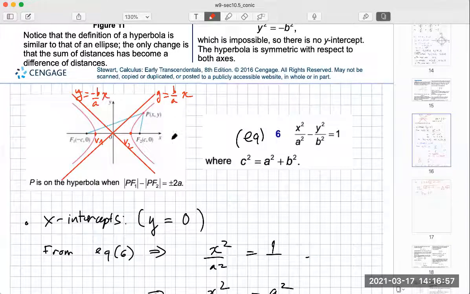So when x goes to infinity, the hyperbolas will come closer and closer to these lines. Okay, that's it.